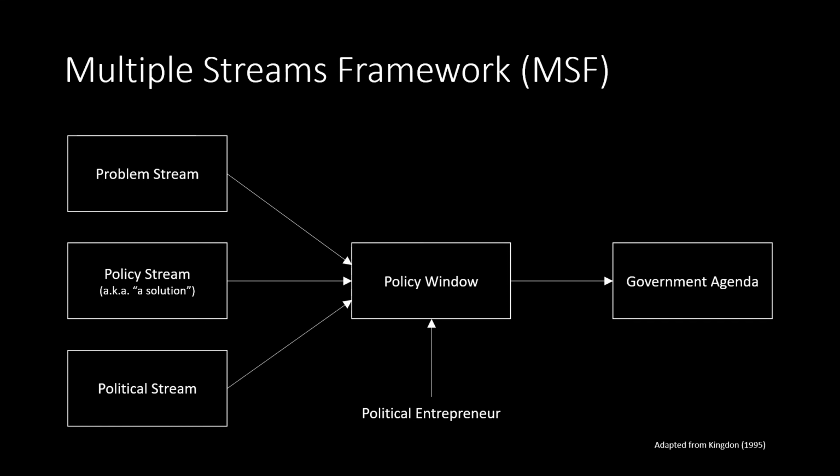As Kingdon puts it, policy entrepreneurs are, quote, advocates who are willing to invest their resources, time, energy, reputation, and money to promote a position in return for an anticipated future gain in the form of material, purposive, or solidary benefits, end quote. So these policy entrepreneurs perform the function of bringing those three streams together so that proposals can get onto the agenda.